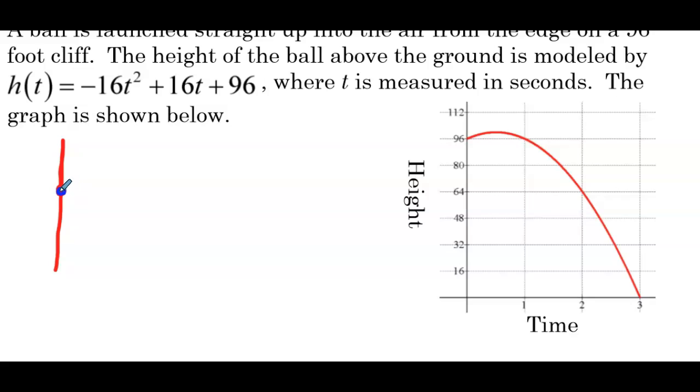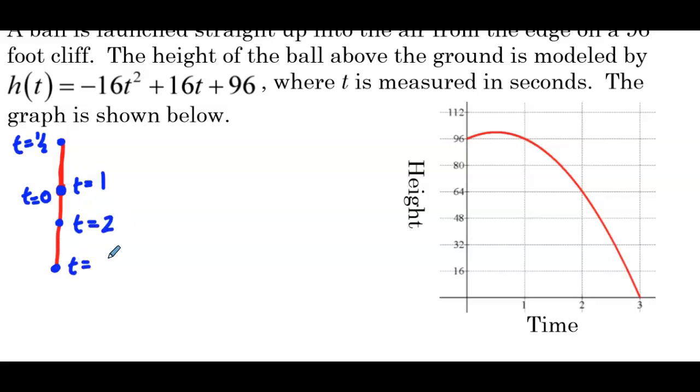So let's say right there, that's t equals 0. And then it gets to that highest point, which looks like about 1/2. So it gets to that maximum point at t equals 1/2. Then it starts to come back down right here at t equals 1. And then t equals 2, it's a little bit closer to the ground.